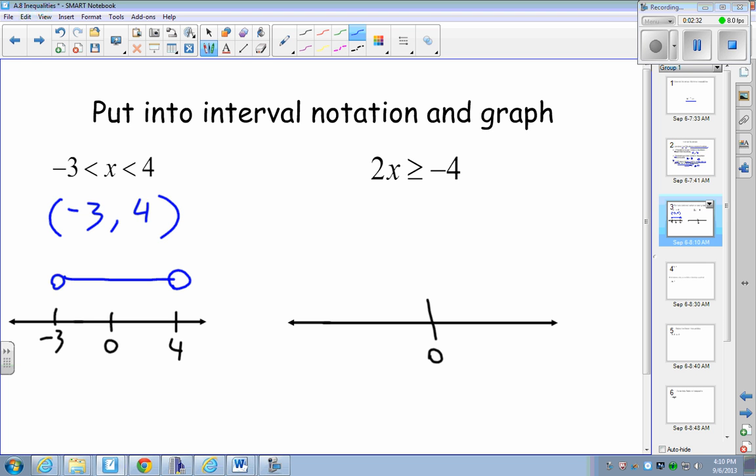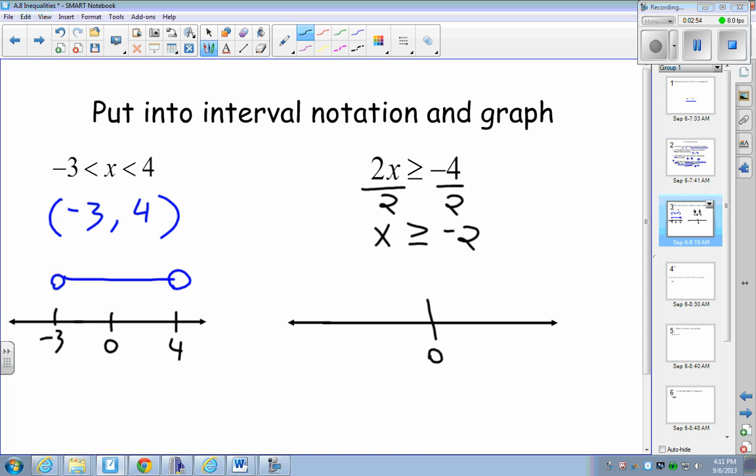So let's move on to one where we'll use a closed interval. So just like in an equation, we're going to divide by 2. And by doing this, you're going to get x by itself. So we'll get x is greater than or equal to -2. Cool. So let's put that into interval notation.